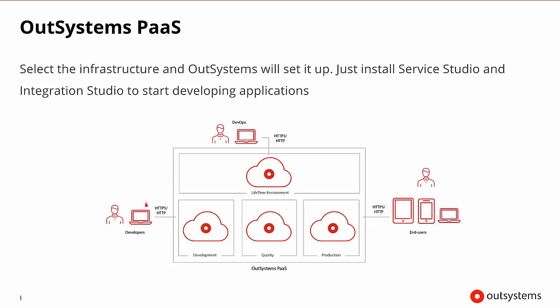So we as developers will be able to connect to the cloud-based development environment. There will be a separate lifetime environment that has access to all of these. And then we'd be able to use lifetime to go ahead and stage the applications all the way to production, where our end users would be able to get to the applications. So OutSystems as a platform as a service is fairly convenient and easy to use.